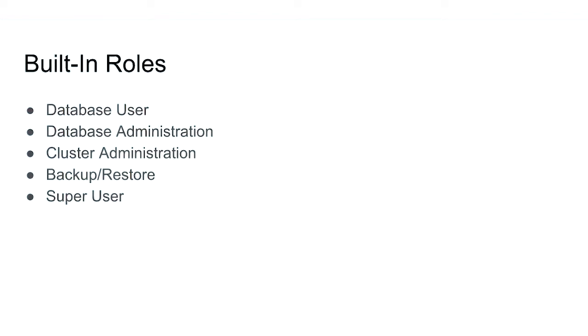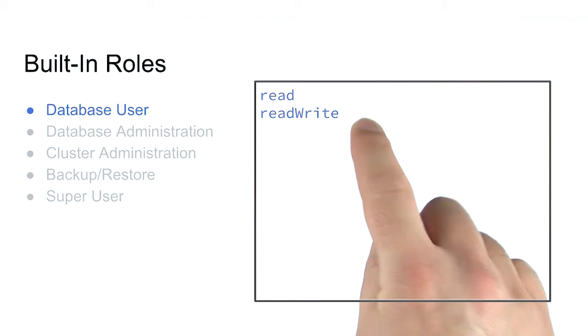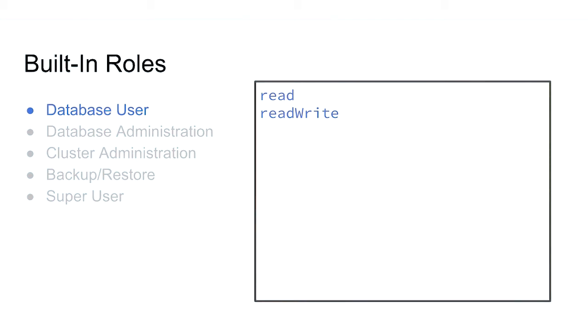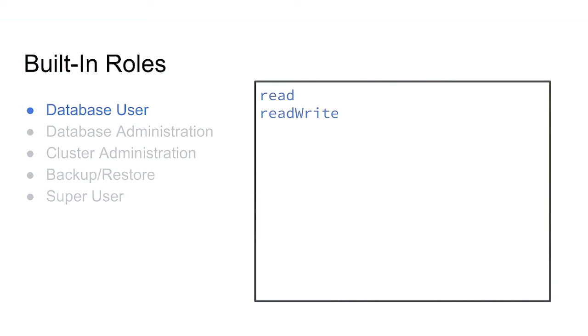Okay, so now that we've seen how roles are organized or defined, let's look into the set of different built-in roles that MongoDB provides. The built-in roles are organized into 4 different groups, plus the super user role type. We have database level users, which can be either read or readWrite. These are the application users that should be allowed to either read, or read and write.